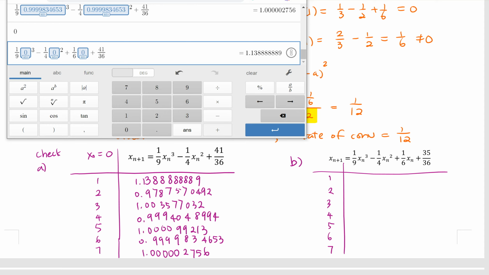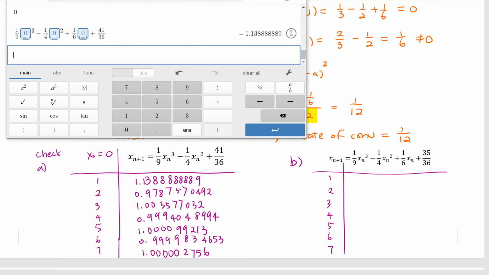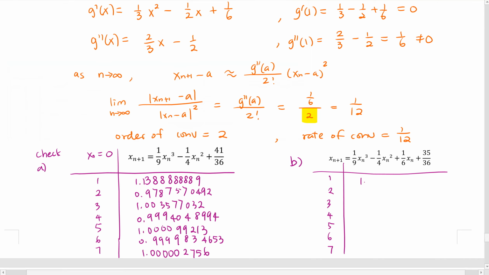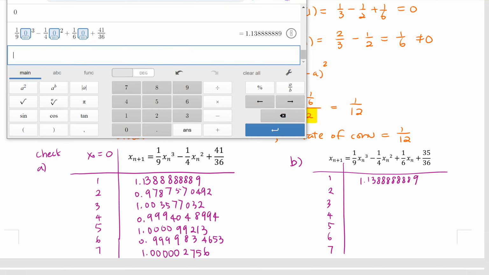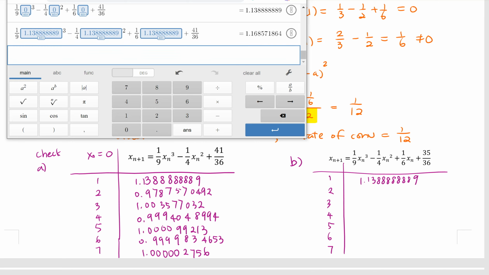So far so good, everybody? And we click enter. Well, the first number is actually the same as before, because when you plug in x is 0, what's left? Just the constant term is left, right?